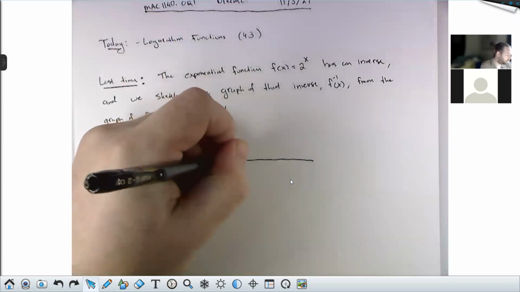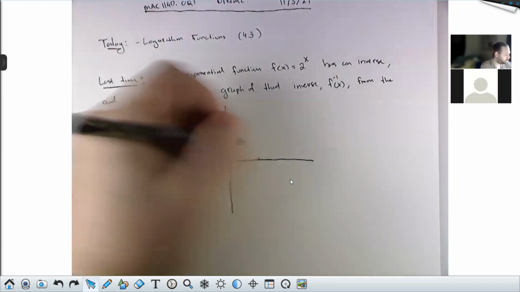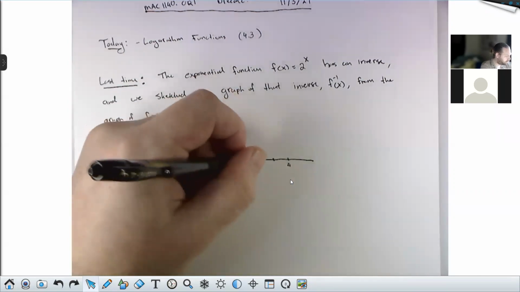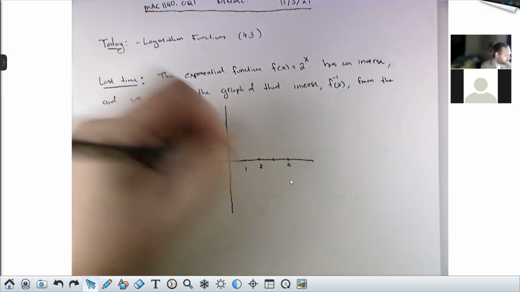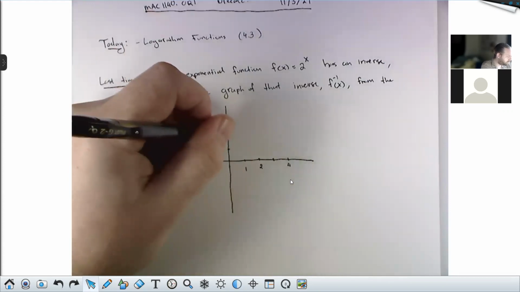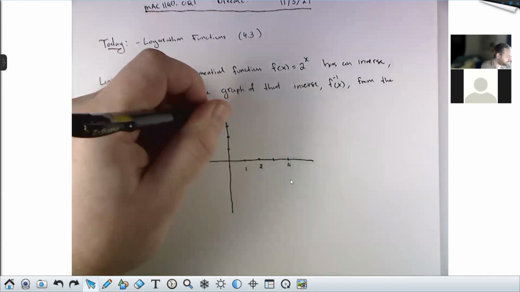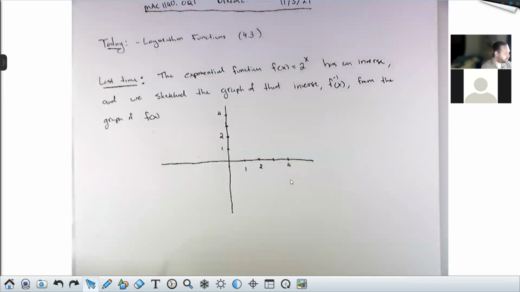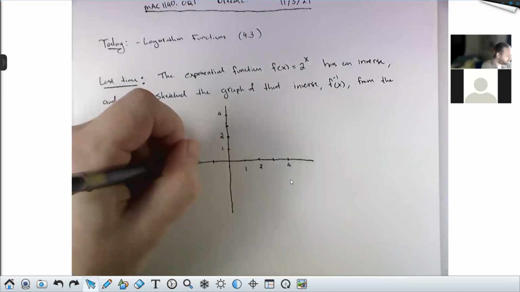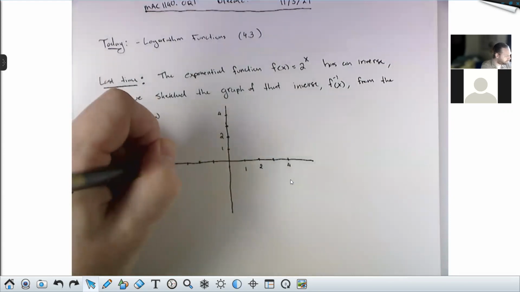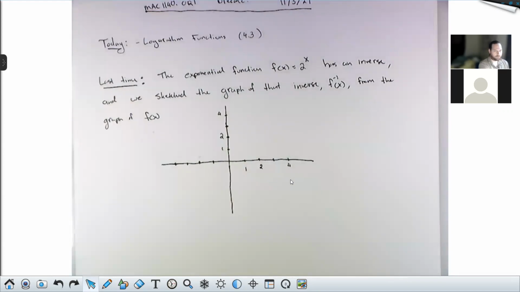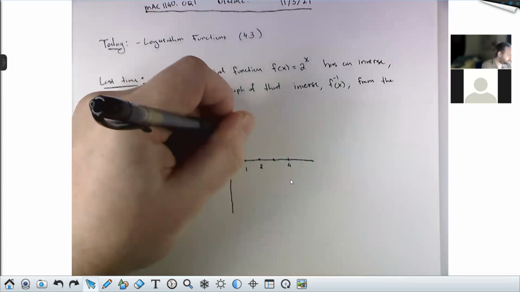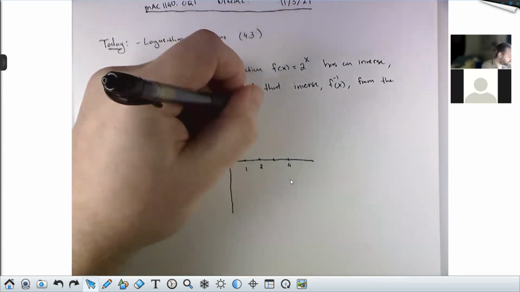Okay, so I'll tag this as 1, 2, 3, 4, and -1, -2, -3, -4. So the graph of 2 to the x, of course, goes through (0, 1), (1, 2), and (2, 4).